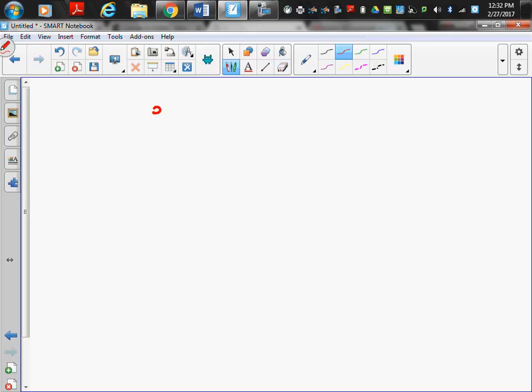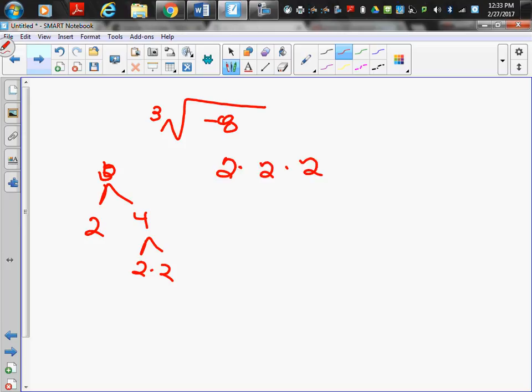So I want the cube root of negative 8. First thing you do is you factor it down all the way into your prime factors. So what are the prime factors of 8? 8 is 2 times 4. 2, 2, 2. Now, I know that 2 times 2 times 2 is 8.